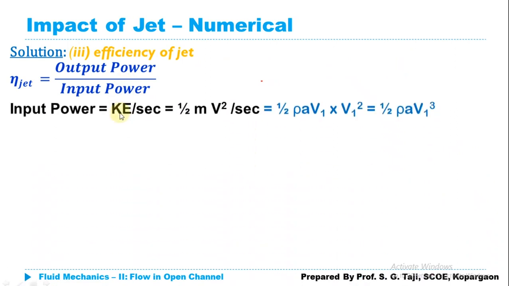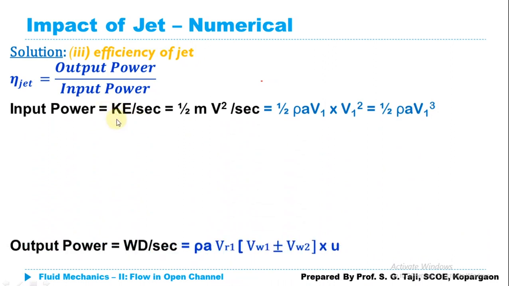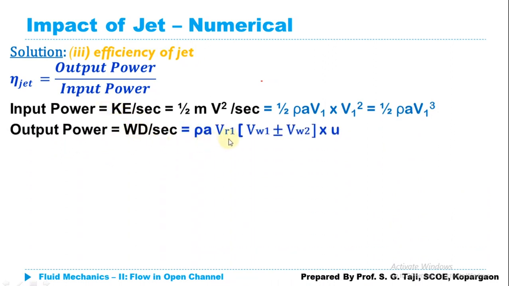Now the last thing they asked to calculate is efficiency. We know that the efficiency of the jet is given by output power upon input power. What is our output power? Output power is given by the work done per second, that is given by rho A vr1 multiplied by (vw1 plus minus vw2) multiplied by u.